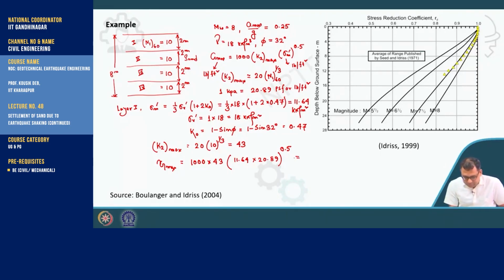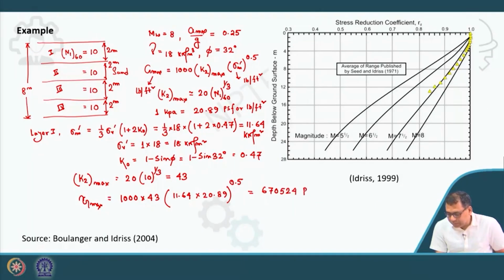So that is given as 670524 PSF, pound per square feet. Now I will convert it to kPa. So that will give me 32098 kilonewton per meter square.